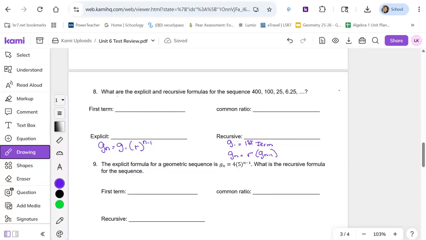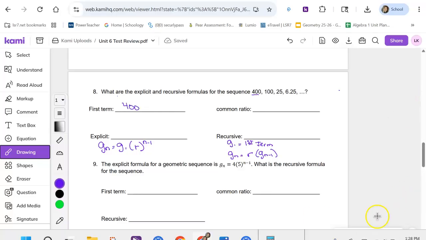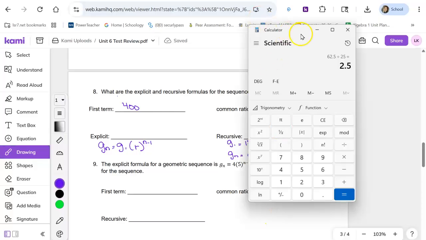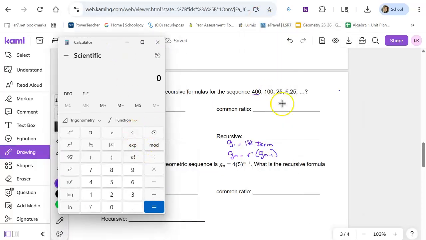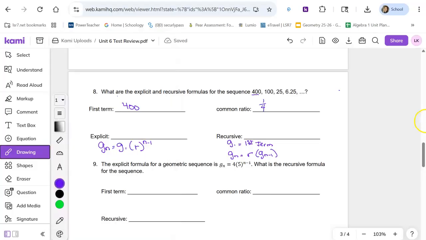The first thing we need to do is find our first term. That is 400. Now I need to find my common ratio. The easiest way is to take the second number, 100, divided by the first number, and I get 0.25, which is also 1/4. If I multiply that by 100, I should get 25. I do. So my common ratio is 1/4.